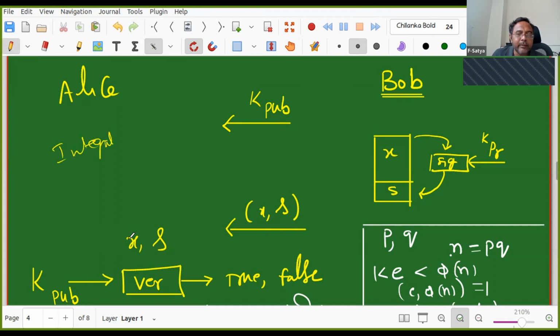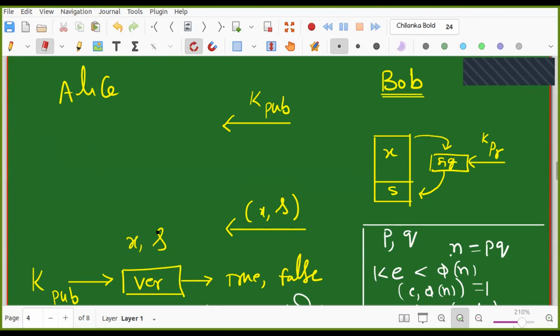Somebody else cannot modify. Why? What happens if somebody modifies? If the message is modified, then what happens? S will also change. So the signature is changed, and we can check with the signature. That is one point. But in physical documents, even one letter you remove somehow, right? The signature is there.